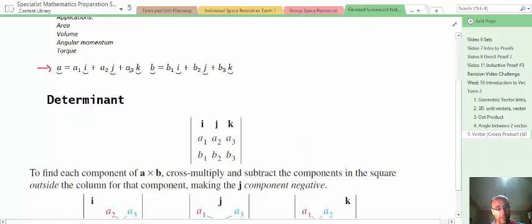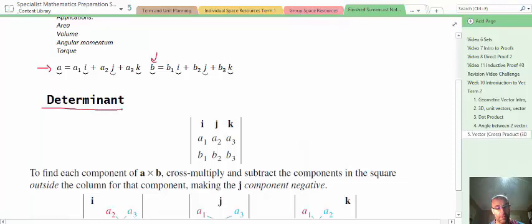We use those A1, A2 and A3 just to show there's not necessarily the same coefficients in front of i, j and k. And a second vector B, which is B1 i, B2 j and B3 k. So they're just generic vectors.